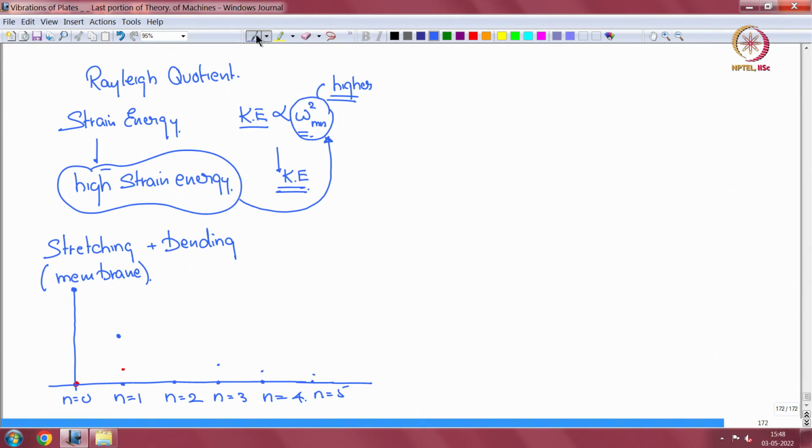Next, in n equal to 2, there is a little further less stretching and a little bit more bending. Similarly with the others, stretching reduces and bending takes hold, more and more bending happens.